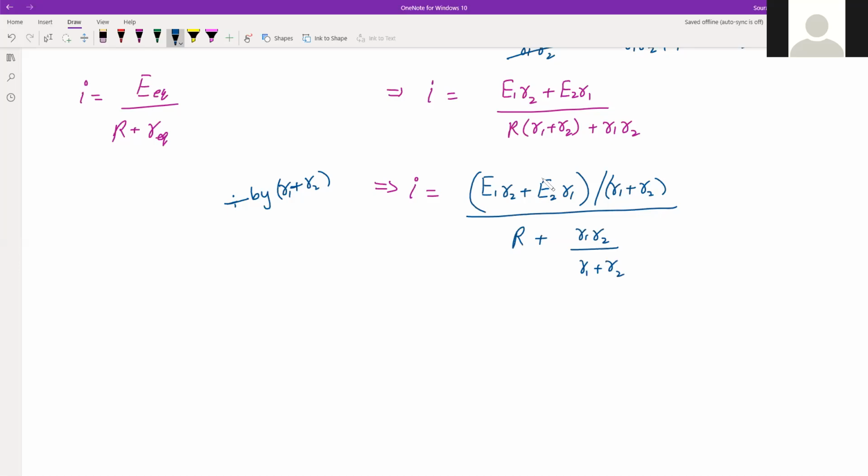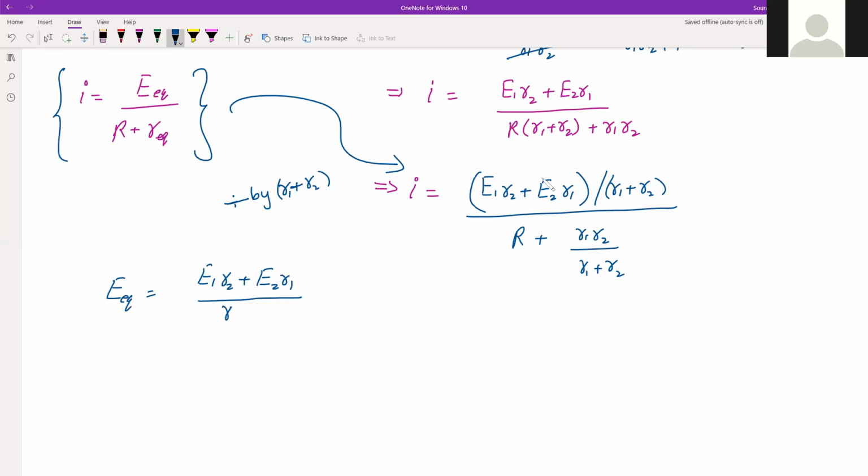Now if you see this and compare with this, these two are comparable, right? And from this, what can we say about equivalent EMF? The numerator is the equivalent EMF, that is (E1 R2 plus E2 R1) divided by (R1 plus R2). And what is the equivalent internal resistance?